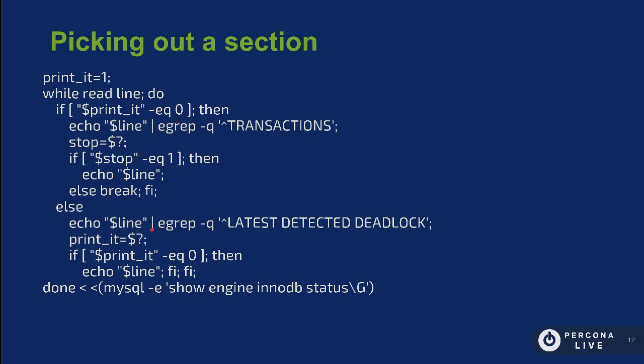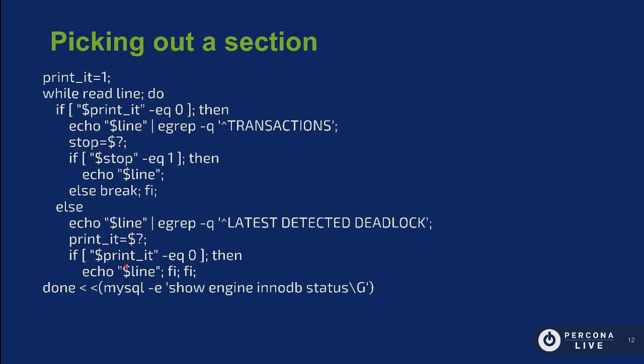I'm going to echo whatever that line is, that very first line, and feed it to grep. Now grep's got another feature, the -q, which is quiet output. It does not actually print what it finds. It gives you a return code of 0 if it found it, or 1 if it didn't. So print_it is set to $?, which gives me that return code. If it did find it, which would be equal to 0, I want to actually print that line, and then continue through my loop.